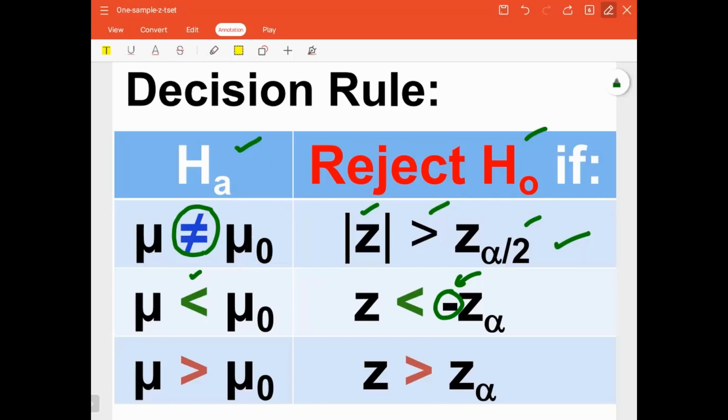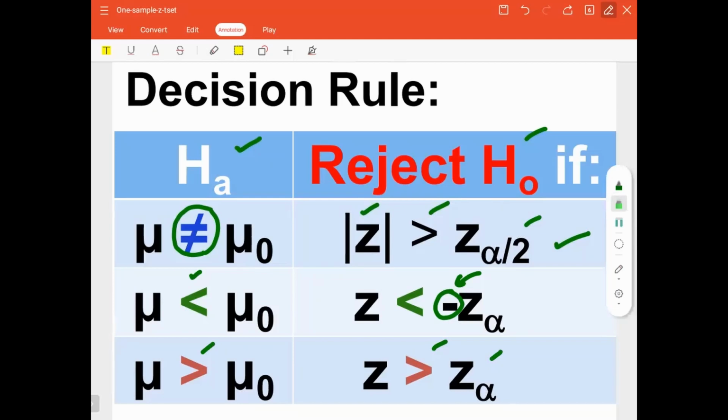On the other hand, when we have this greater than symbol here, then we also reject the null hypothesis when z is greater than the positive value of z of alpha, being the critical value. So the symbols here are consistent, guys.